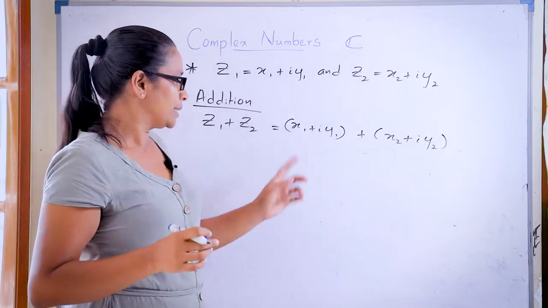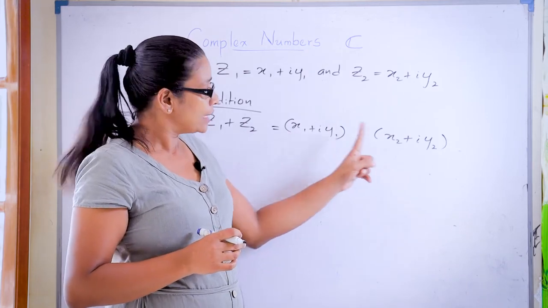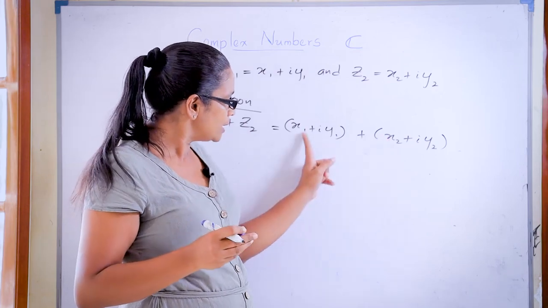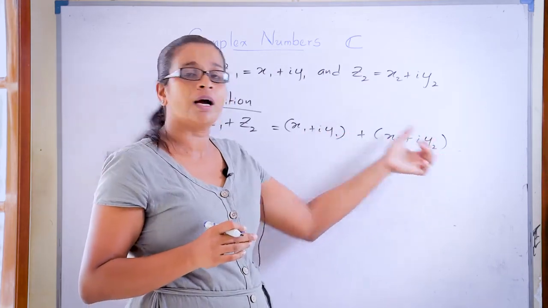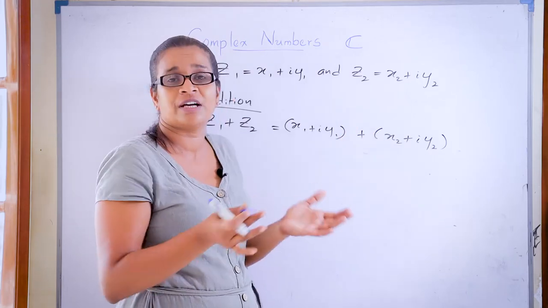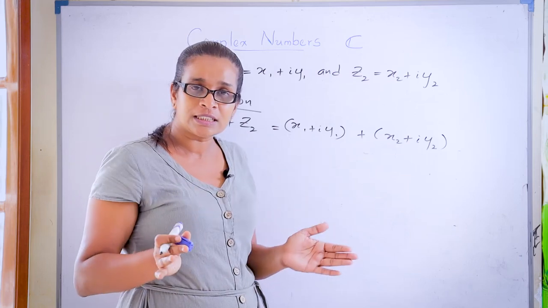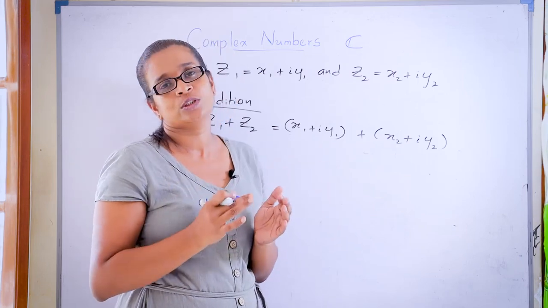Now look here. This is the real part of the first complex number, and this is the real part of the second complex number. So you have to add the real parts together and also the imaginary parts together. You can't simplify it further. Real and imaginary you have to consider separately. You can't add those two together.